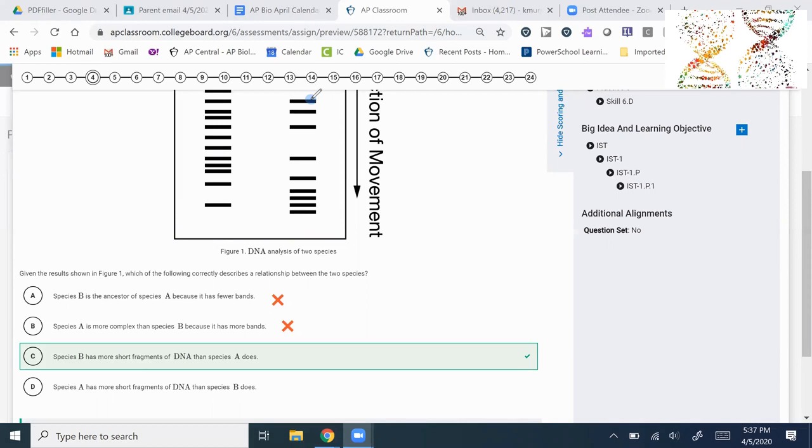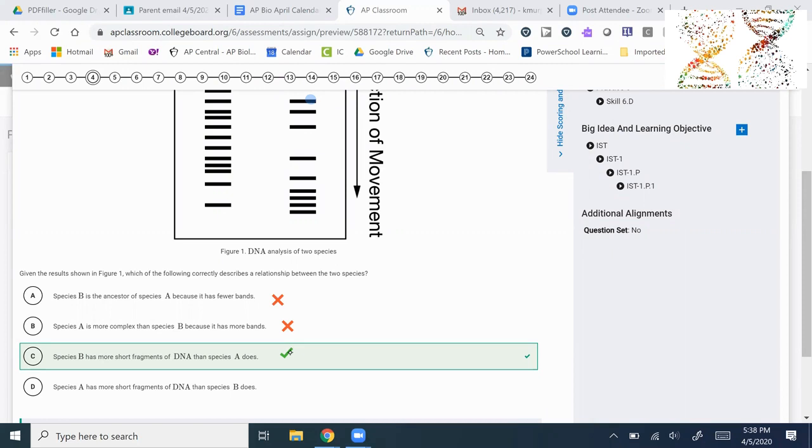So what do you have to pick here? Yeah, these fragments are smaller. It means that the restriction enzyme cuts species B DNA into smaller fragments than A. So that, of all the choices, is simply the only relationship that is seen here. All right, so that is the correct answer.